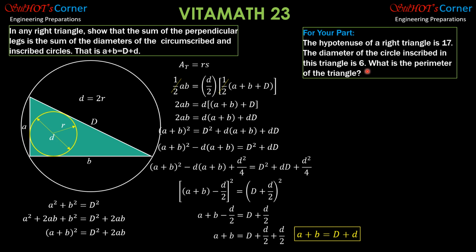The diameter of the circle inscribed in this triangle is 6. So what is the perimeter of the triangle? I want you to solve this, and I hope that you will get the idea from this problem here. And I want you to show that the answer is 40 units.